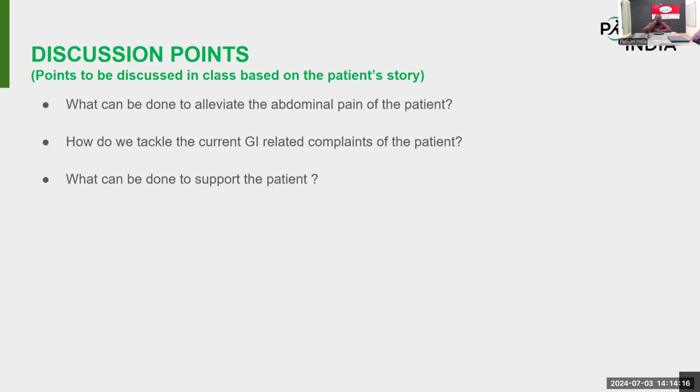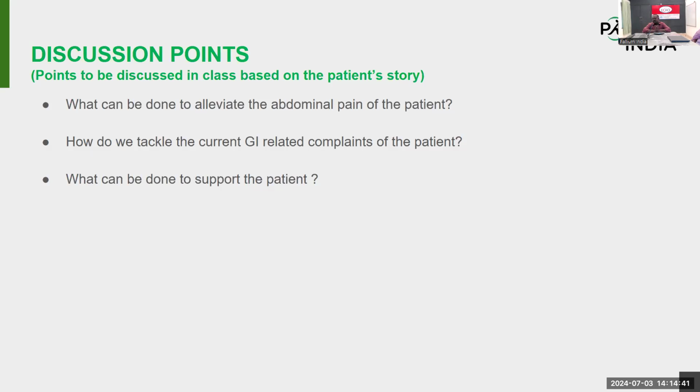But if the obstruction is lower down, then the patient will have more nausea and frequent vomiting, but in less quantity. So these are the rough symptoms by which we can say whether it is lower GI obstruction or upper GI obstruction.